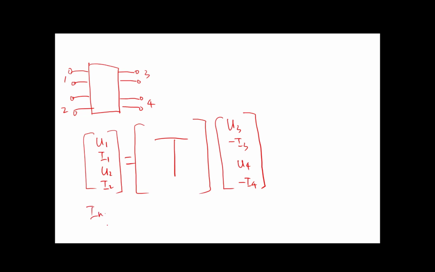This is input, this is output. This is the T parameter for this 4-port network. And of course, the T parameter has type 1 and type 2.